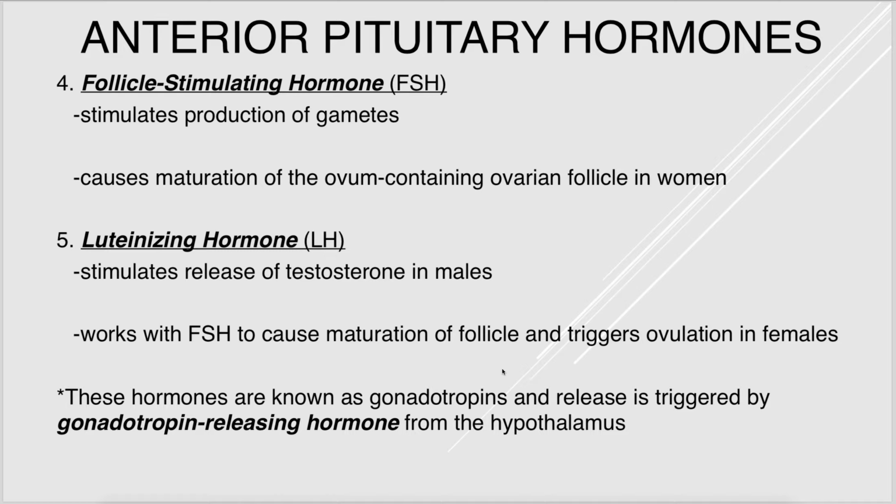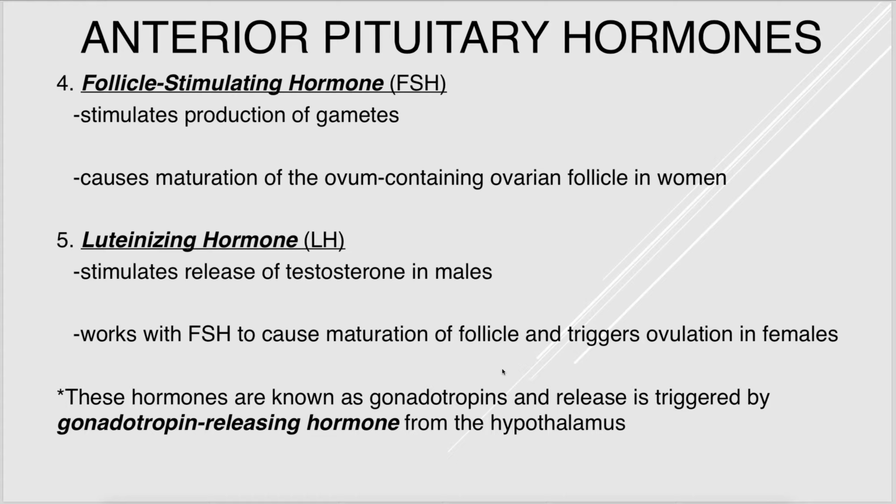So the next 2 are known as gonadotropins. The first one is follicle stimulating hormone, which is going to stimulate the production of the gametes, the sex cells. It's also going to be involved with maturing the ovarian follicle in females. The next one is luteinizing hormone, which is going to stimulate the production of testosterone, mostly in males.